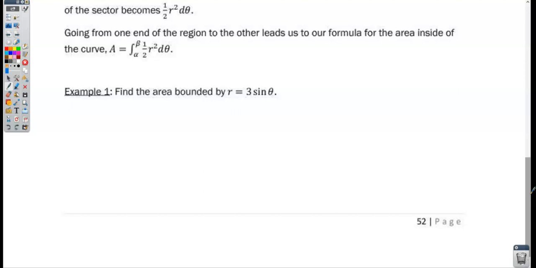Now, historically, the majority of these questions on the AP exam have been calculator active questions, which makes it easier for us to find those limits of integration. Or frequently they might give us a picture of the curve or give us the intersection points of the curve. But I don't think you're going to see very often where you've got to come up with the curve by hand and figure out where the region starts and stops based on looking at this by hand. I just don't think you're going to see that very often on your AP exam.